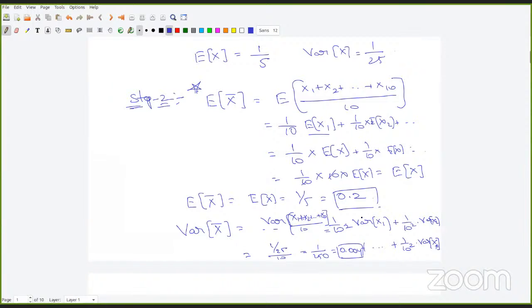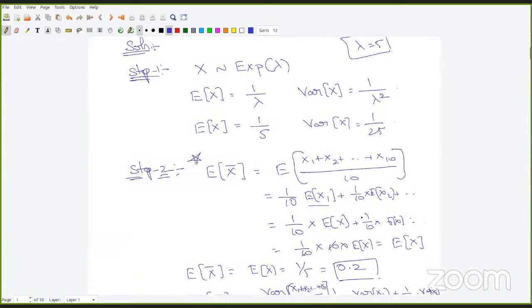Okay. Shall we proceed to the second question? Yes, sir. So here, what is the variance of x? Variance of x will be 1 by lambda square, right? If you know. I think the assumption here is you know what exponential distribution means. There are various distributions, uniform, exponential, Gaussian, Poisson and all that, and of course it's assumed that you know them.